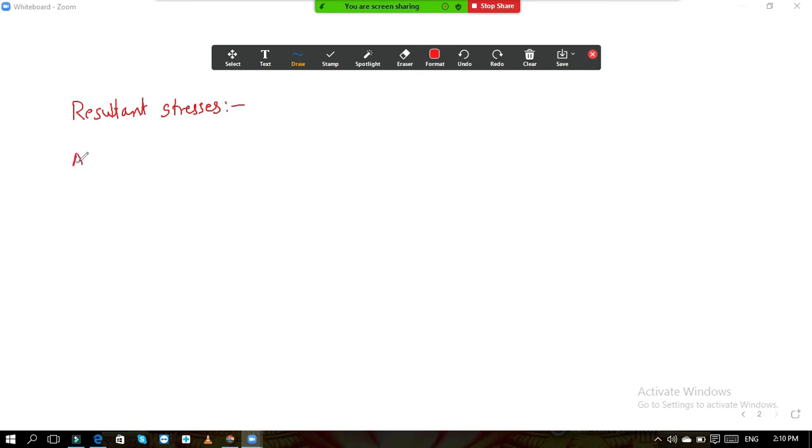At top, sigma T is equal to P by A, then dead load MD by Z, and live load ML by Z. At top this is always plus.